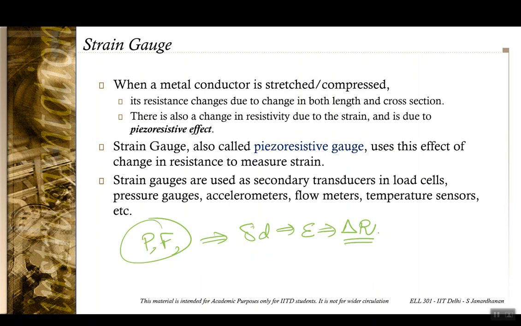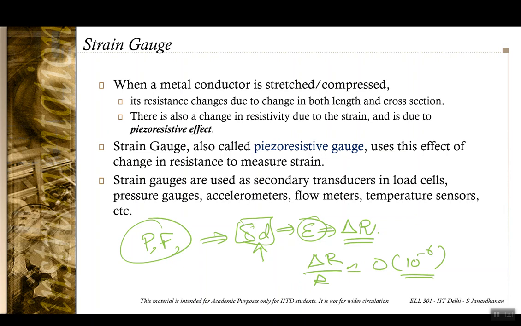Okay, so it is never a direct measurement of delta D. The reason for that is that generally the displacement that is produced and the strain that is happening is really in the micro range. That is, the change in resistance to the actual resistance is approximately of the order of 10 raised to minus 6.